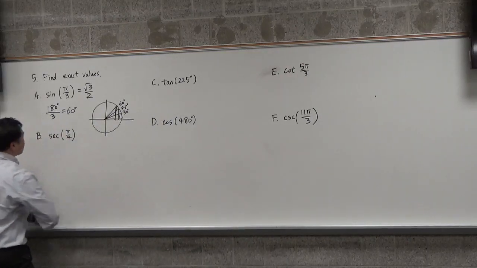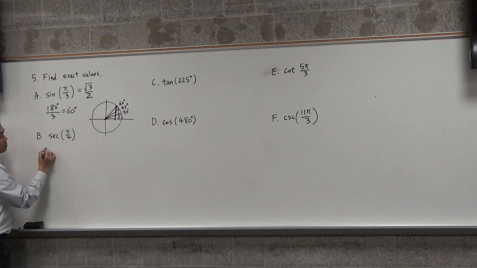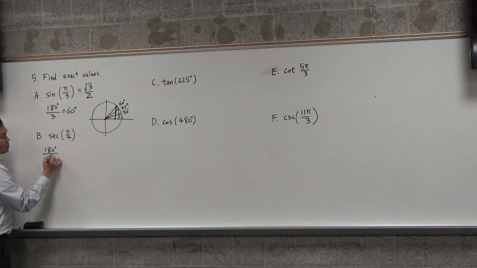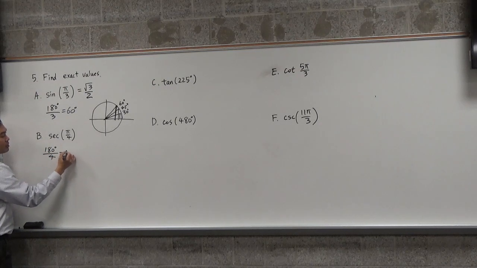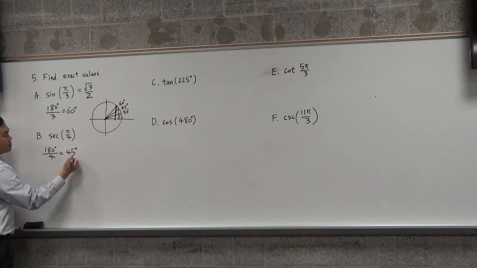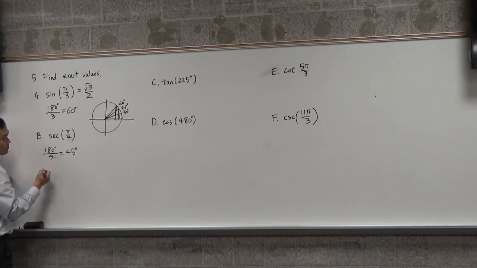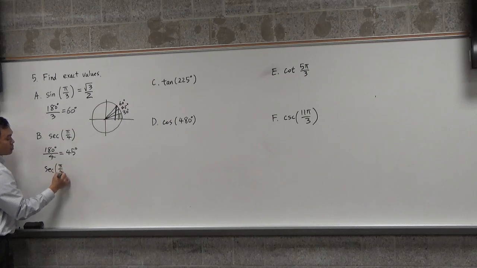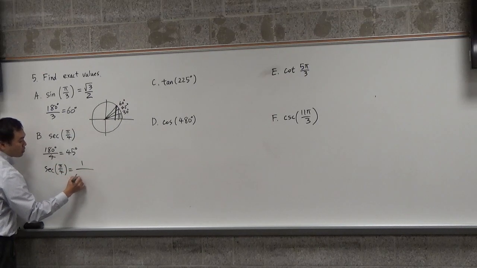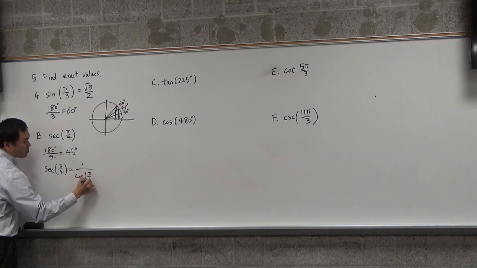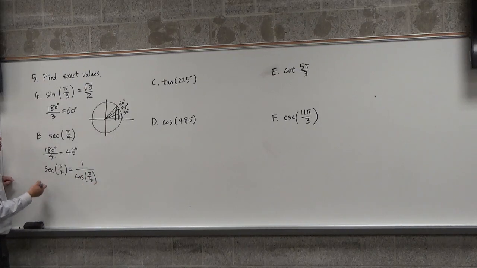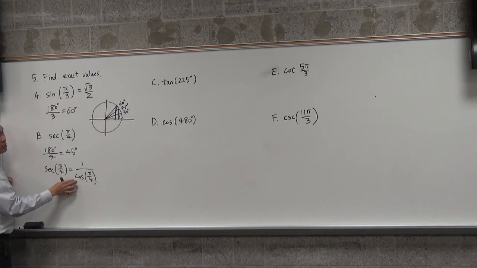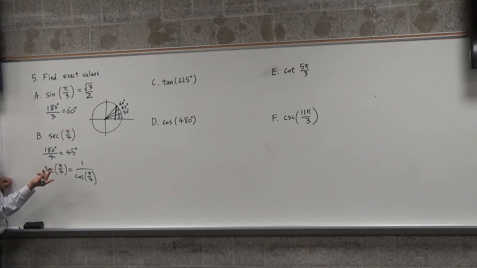All right, now let's try pi over 4. Pi is 180 degrees, so if you divide by 4, that's going to be 45 degrees. And what is secant? Secant is 1 over cosine, so it will be 1 over cosine of pi over 4. Which means you first have to find the cosine of pi over 4, and you have to flip upside down, right?